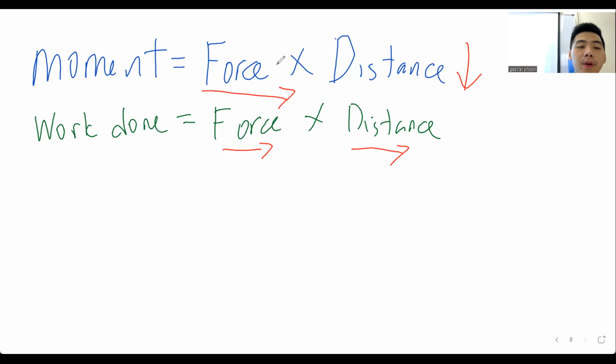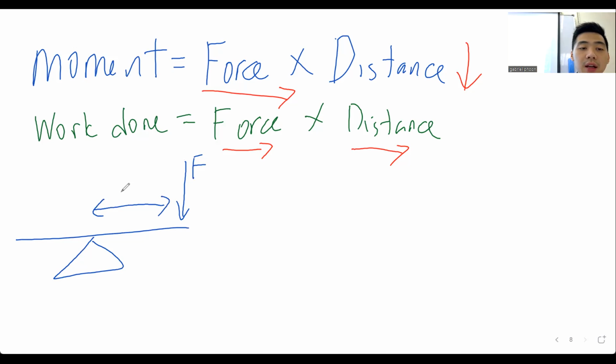For example, we're talking about moments. The most common example of a moment is a seesaw, right? If this is the force, this here will be the distance, and this distance is very specific. Number one, it must be perpendicular, and number two, it must be from the force to the pivot only.